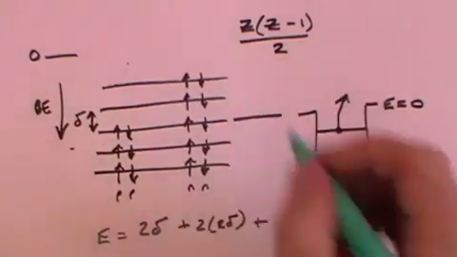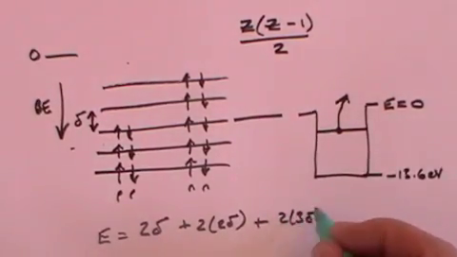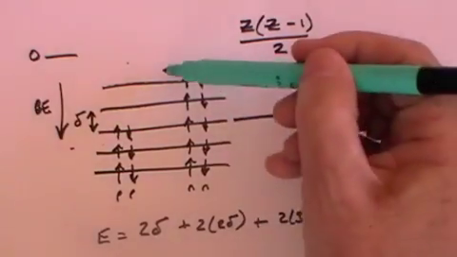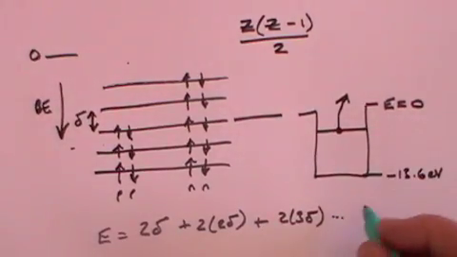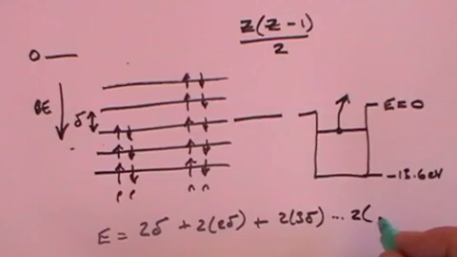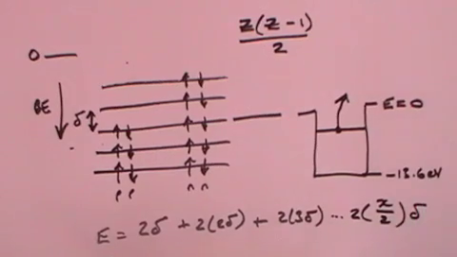And then if there were more, it would be 2 into 3 delta, because you'd have 2 more neutrons that were 3 delta higher than the proton level, all the way up to 2 into x over 2 delta, where x is the number of neutrons in excess of the number of protons.